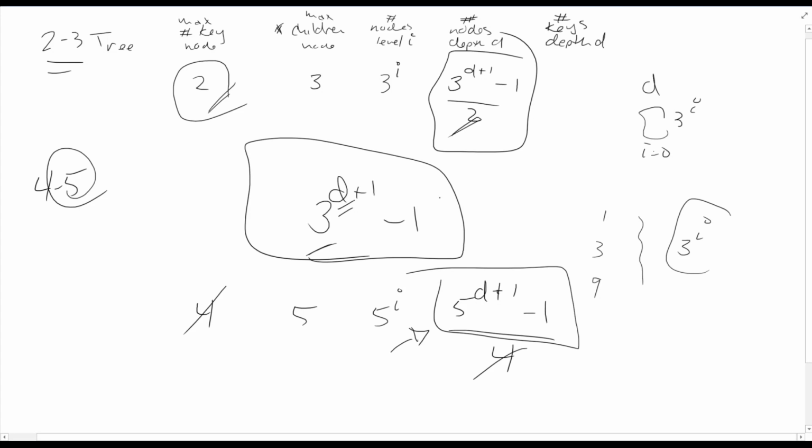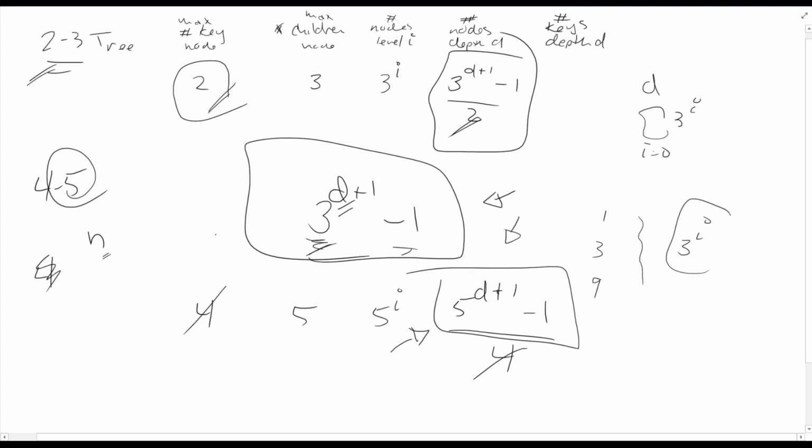Okay, and again, it's from this math that we see that we can go the opposite direction. Say now that I have a 2-3 tree, and I have, say, n nodes in it. What's the depth I should expect, my maximum depth? Well, I can use this math here to compute that.